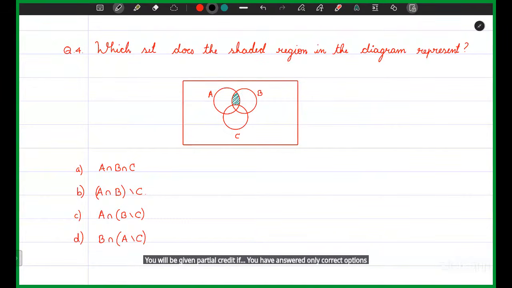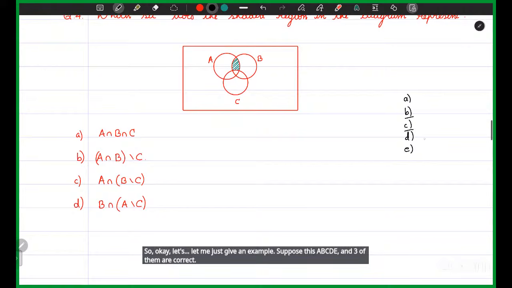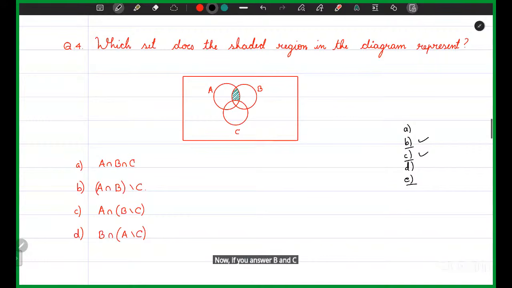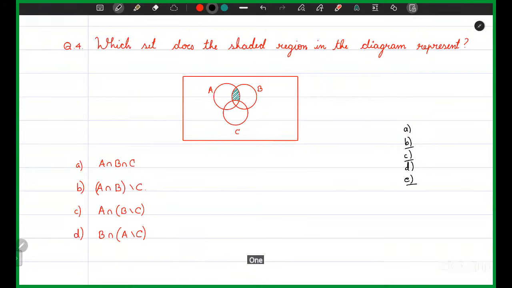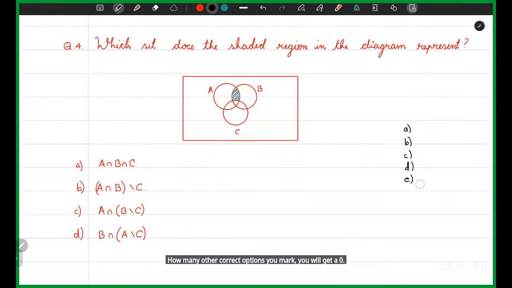Suppose there's A, B, C, D, E, and three of them are correct, say B, C, and E. If you answer B and C and not E, you'll get 2/3 of the total credit. If you answer only B, you'll get 1/3 of the total credit. But as soon as you mark any incorrect option as correct, it doesn't matter how many other correct options you mark, you'll get a 0. So as long as you don't mark incorrect options as correct, you'll get partial credit.